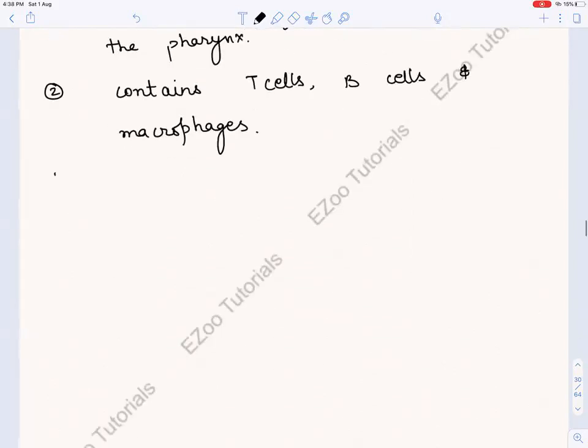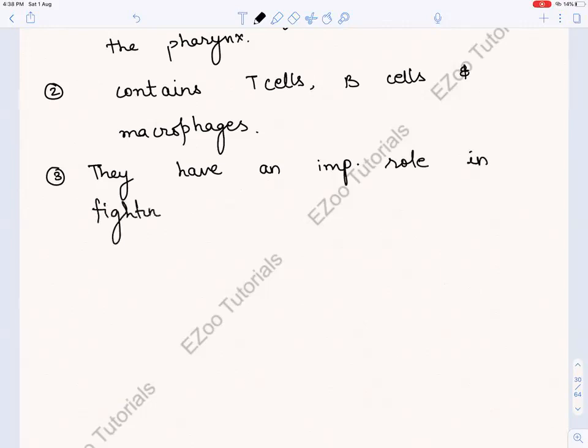And let us write this also. They have an important role in fighting infections.